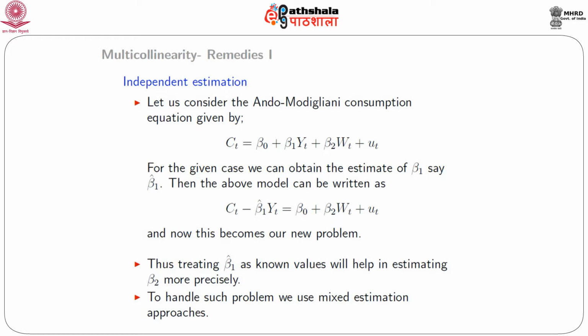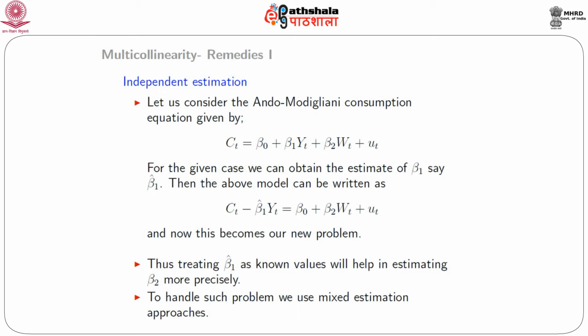In this case, let us consider the Ando-Modigliani consumption equation, which is given by Ct equals beta naught plus beta 1 yt plus beta 2 wt plus ut, where Ct is our response variable and the 2 predictor variables are yt and wt.